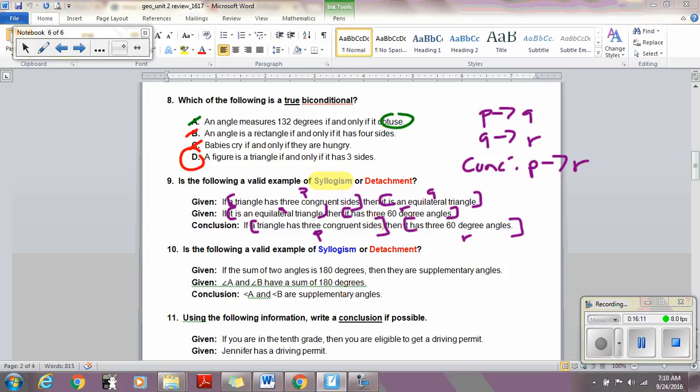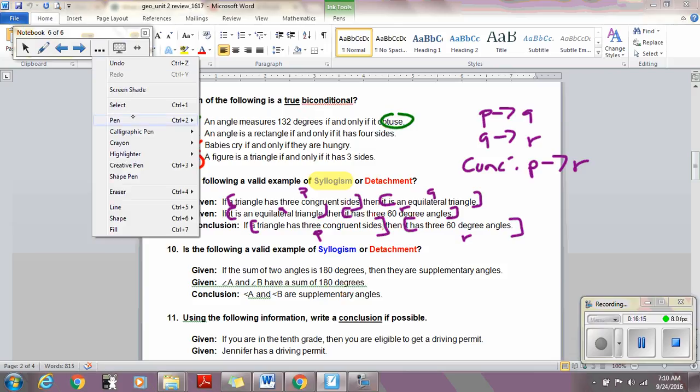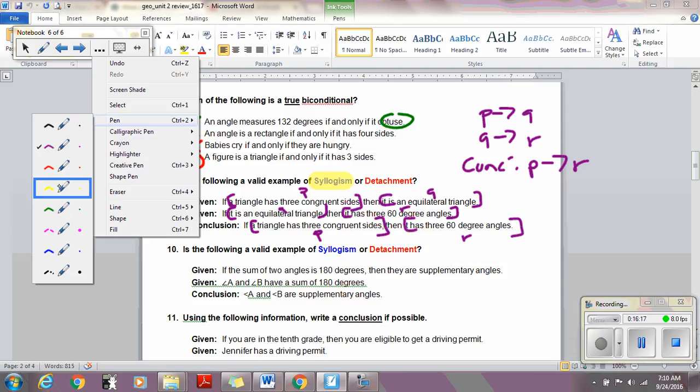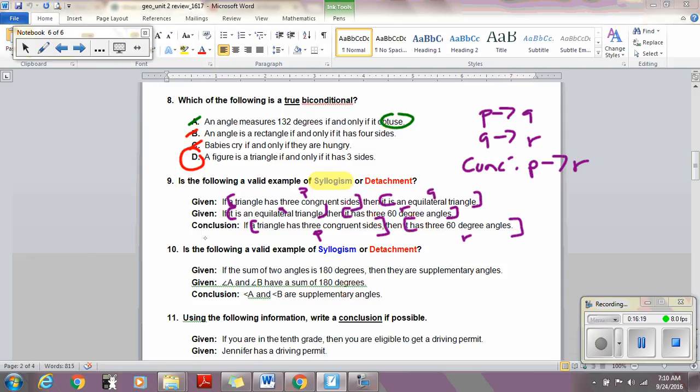All right, number 10. Again, we're doing the same thing. So let's get started on labeling our P's and our Q's. If the sum of two angles is 180 degrees, then they are supplementary angles. So P is the sum of two angles is 180 degrees.